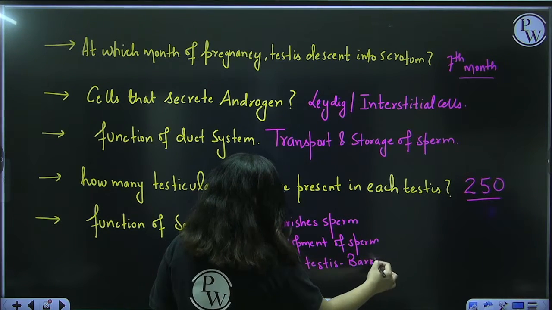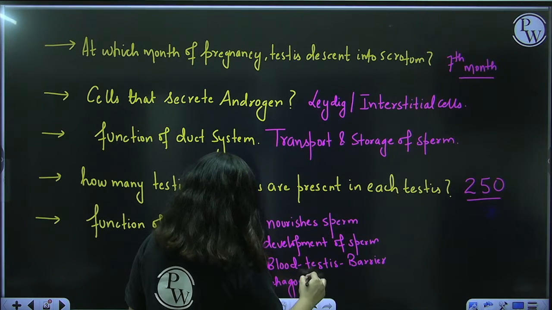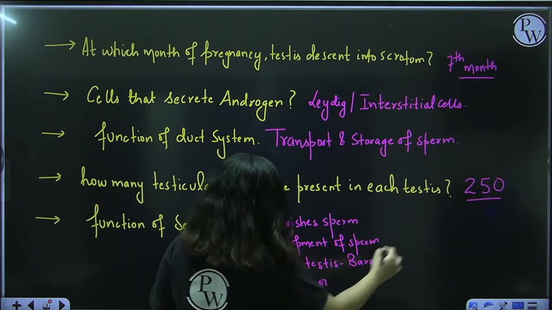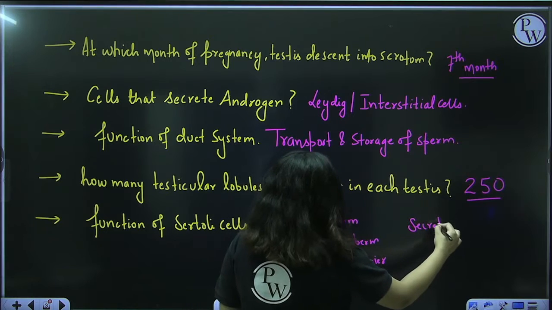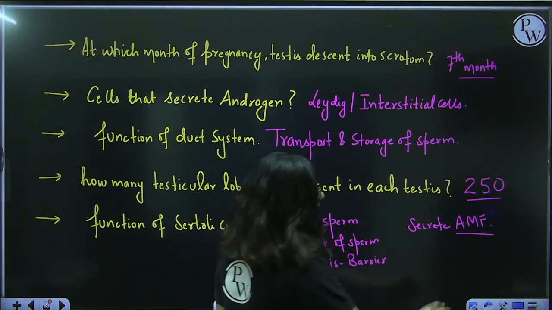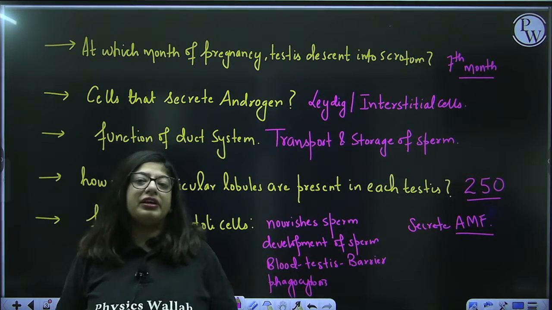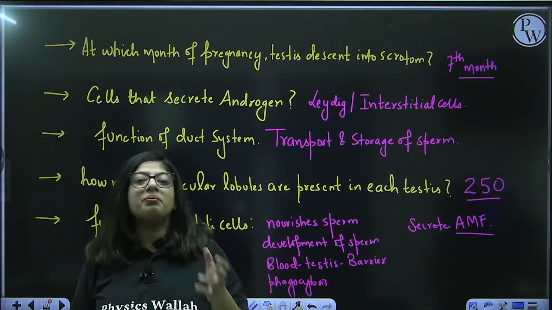Also, it can undergo phagocytosis. And it secretes AMF. What does AMF stand for? Anti-Mullerian factor, and this anti-Mullerian factor is responsible for inhibiting female duct in the male embryo.